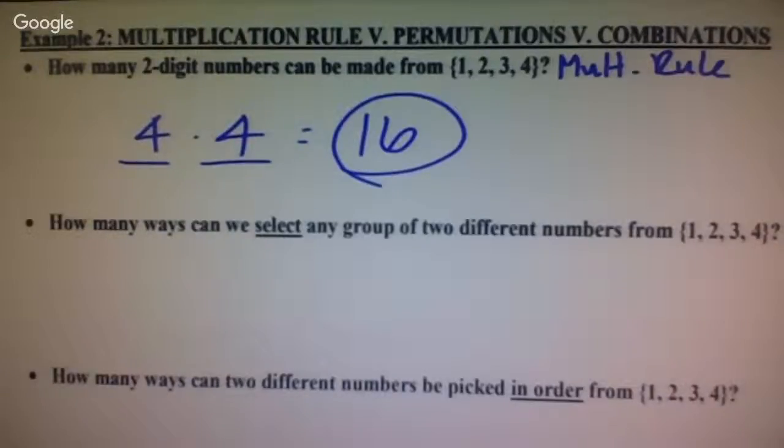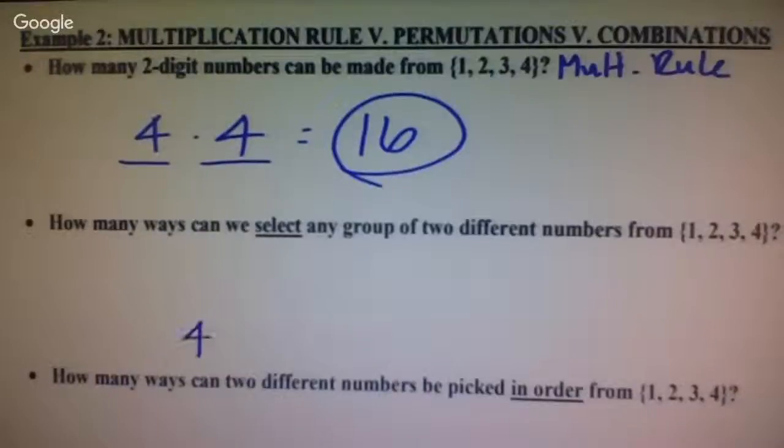The second one is the combination rule. Ashley says my second one should be combinations. What makes this one a combination? It doesn't say anything about being in order. It says select any group. They're not talking about order.